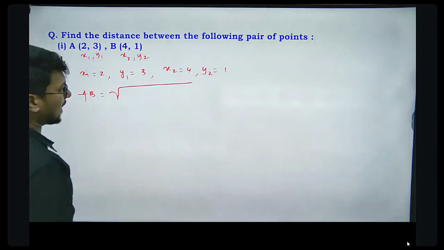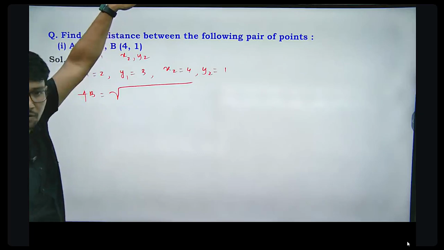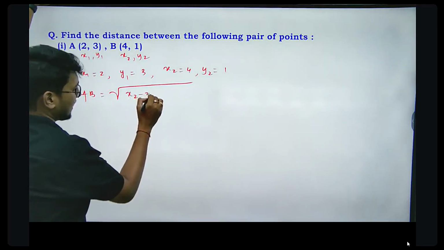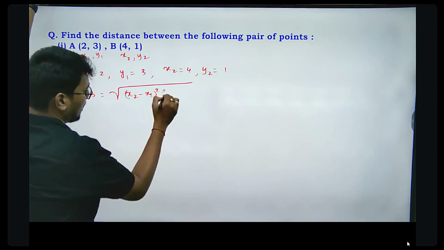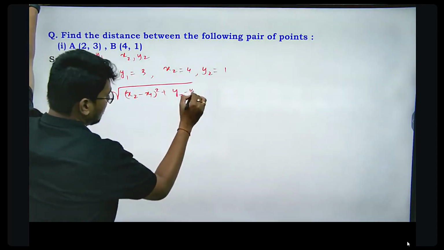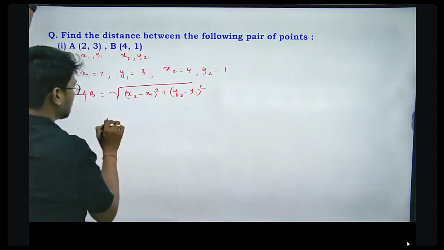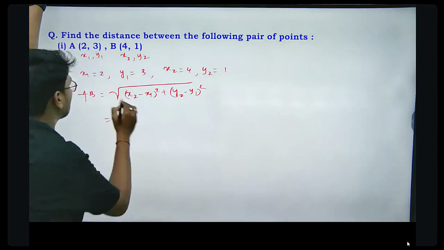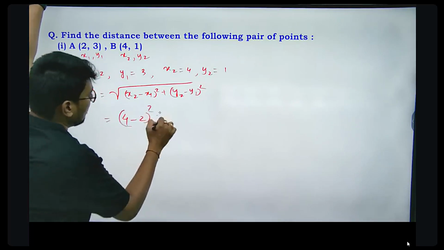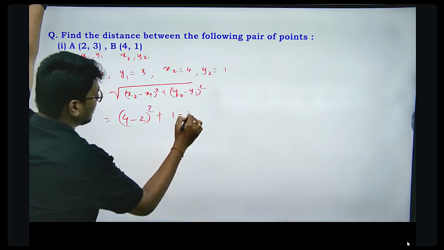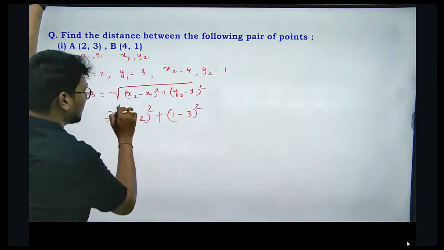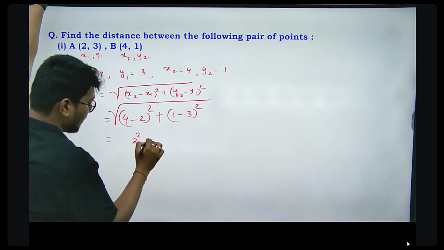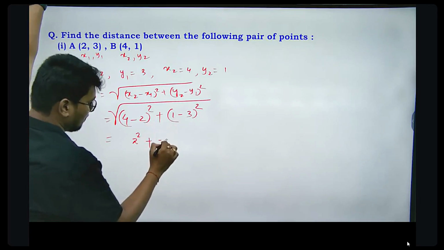You should start from square root of. Then say the values: x2 minus x1 square plus y2 minus y1 whole square. Now children, check, what is x2? Say it quickly. How much is x2? 4 minus 2 whole square plus 1 minus 3 whole square. What is the square root? So 4 minus 2 is 2 square plus minus 2 square.